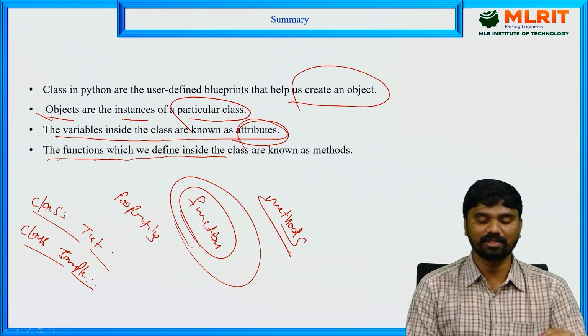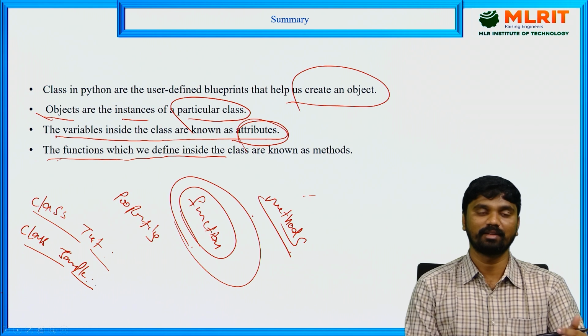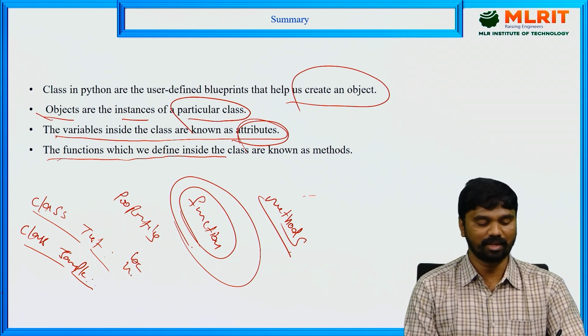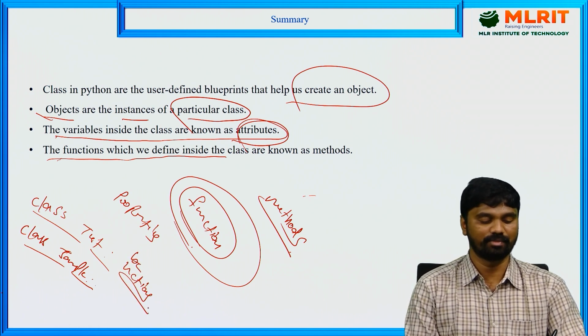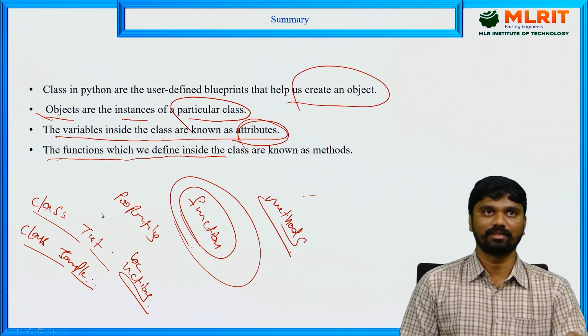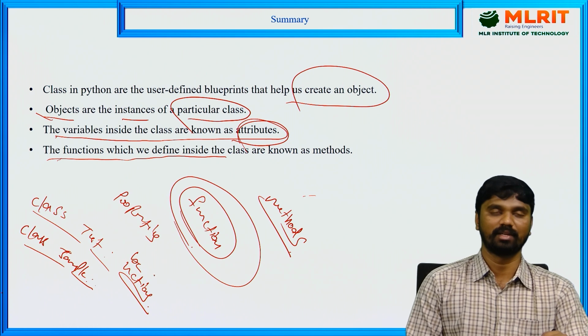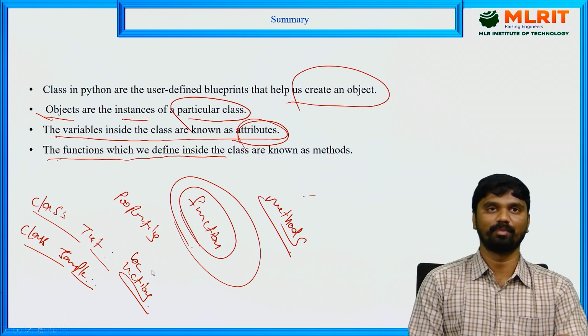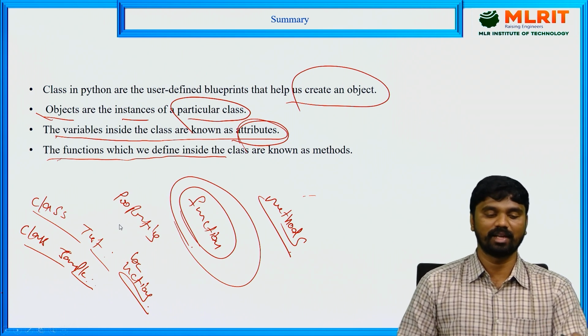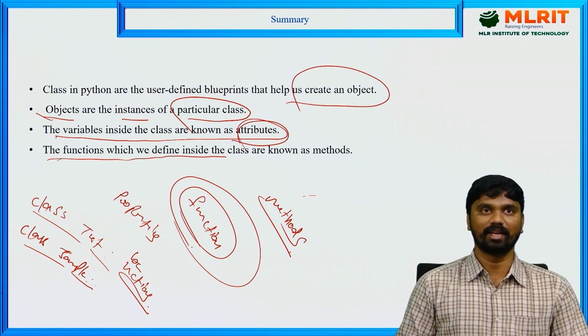And the functions are methods, which represent the behavior or actions. So this is about the class, attributes and methods, as well as the documentation string. In the next class, we will discuss what an object is and how we can create an object.